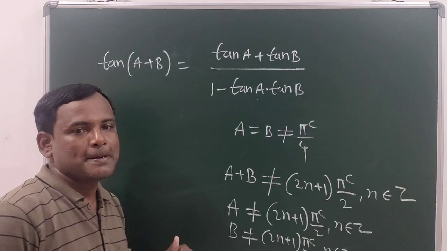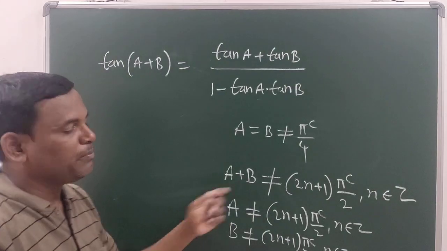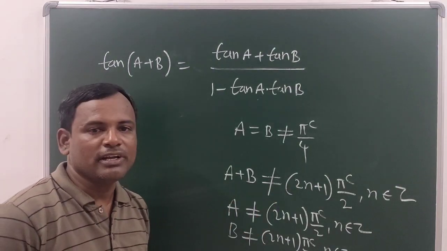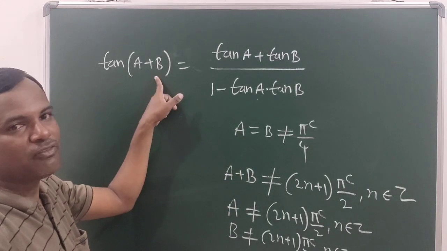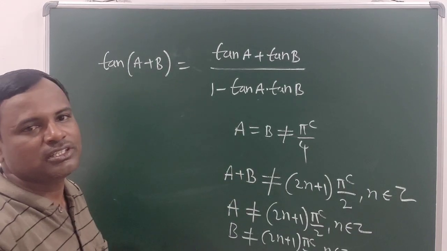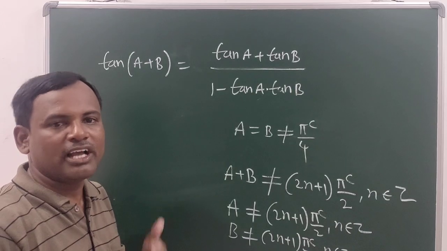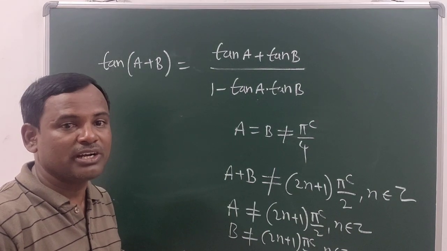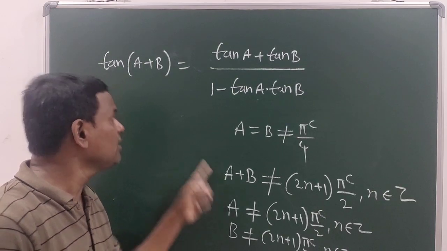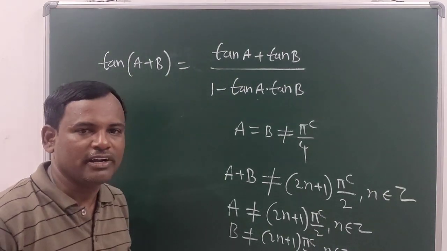And also A plus B should not be odd multiple of 90, because at odd multiples of 90 tan will not be defined. As you know, tan 90 is not defined, not only at 90 but also at all odd multiples of 90.